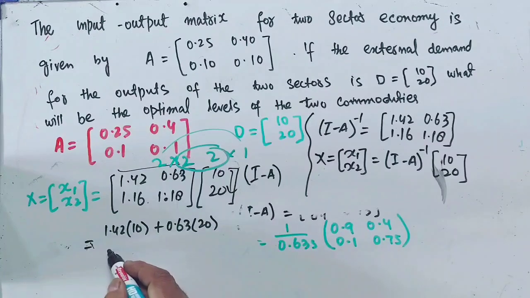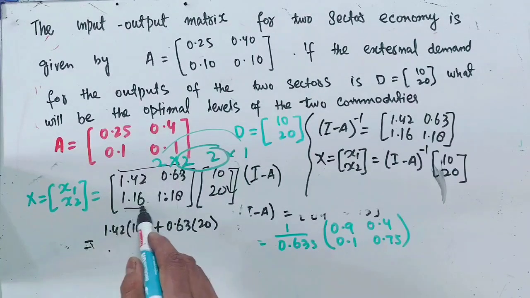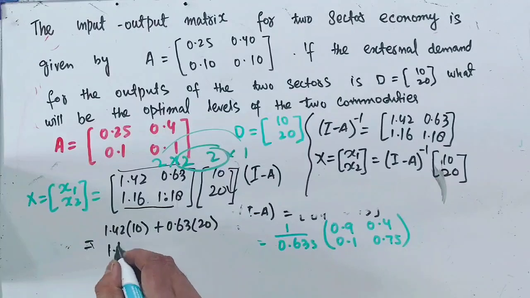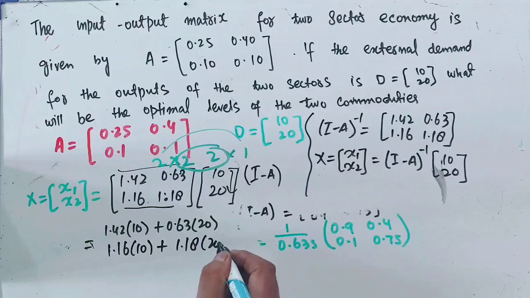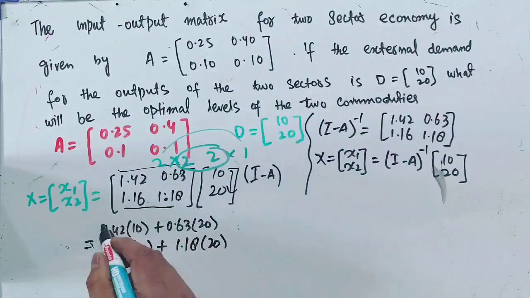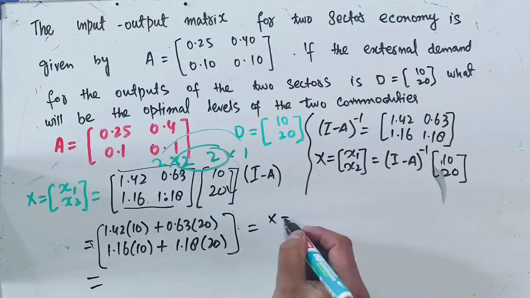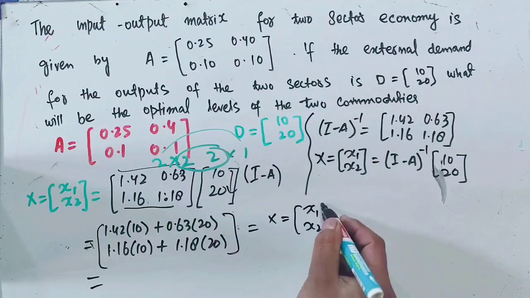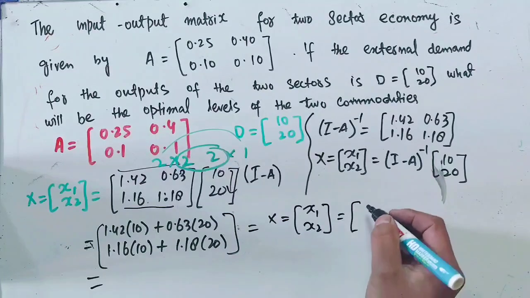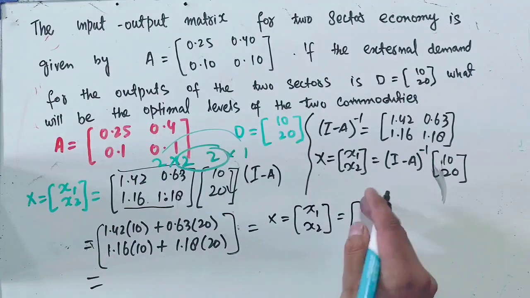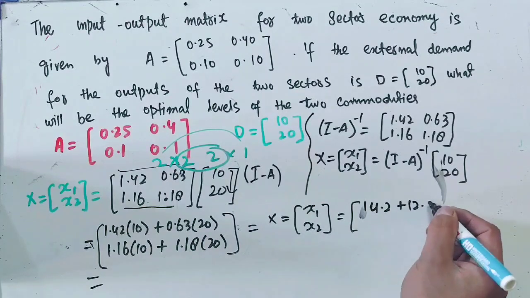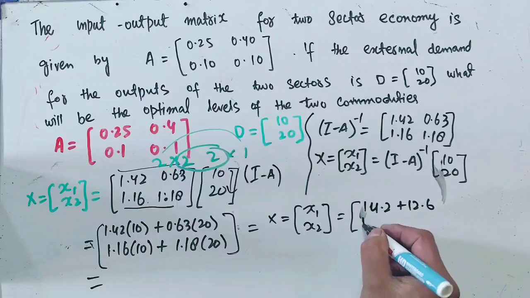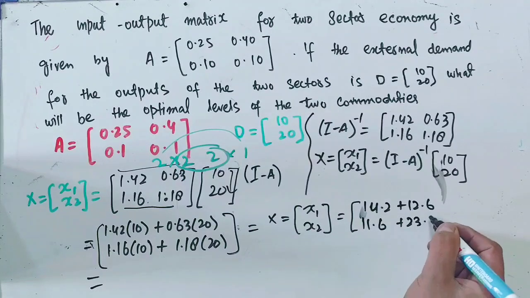Next multiplication is 1.16 times 10 plus 1.18 times 20. Doing this, I have done the calculation: 14.2 plus 12.6, and 11.6 plus 23.6.